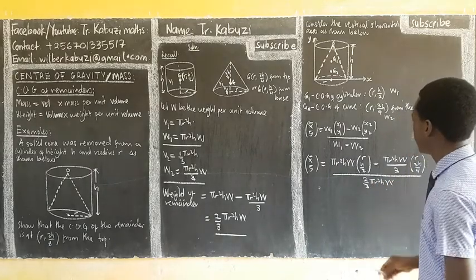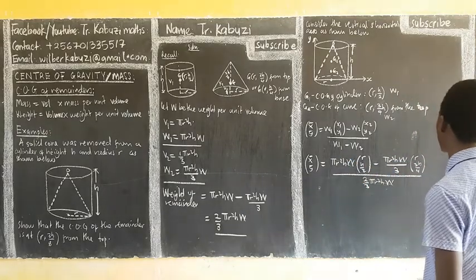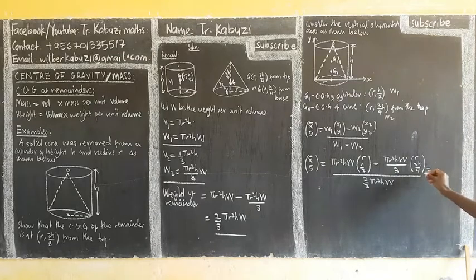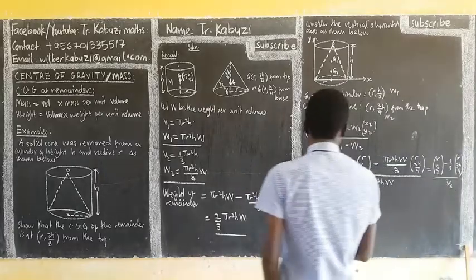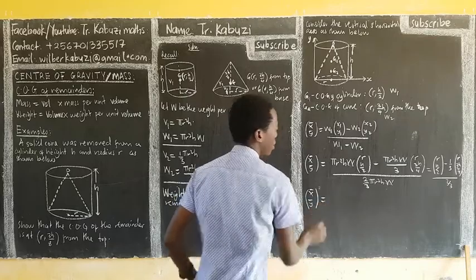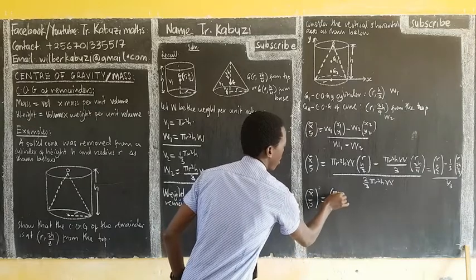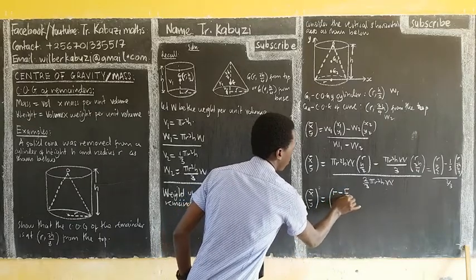I think we see common things. All of this is common, this is also common, so divide those out. Here I'll be remaining with r h over 2, then minus r 3h over 4, all divided by 2 over 3. So my x bar, y bar is going to be r minus r over 3.